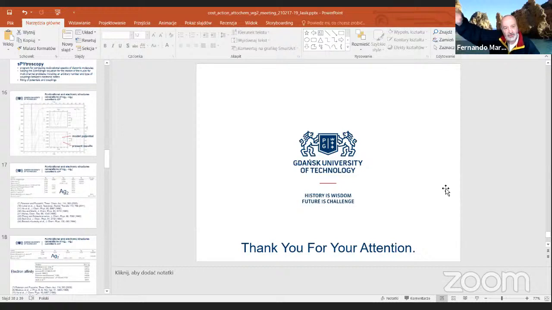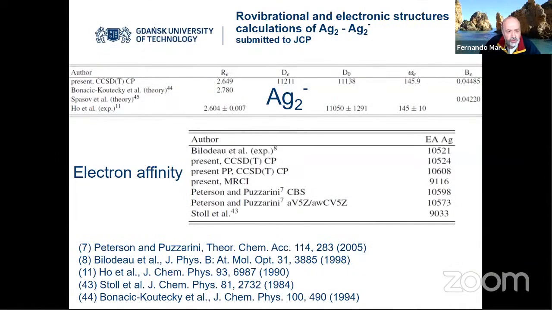You showed the table in which you compare the electron affinities or the ionization potentials, but in order to calculate the vibrational and rotational structure, it is probably important to describe very well the asymptotic region of the electron. With the basis set you used, you mentioned it, but I didn't have time to look at it in detail. Was it diffuse enough to describe this asymptotic region? Could you comment on this, please?